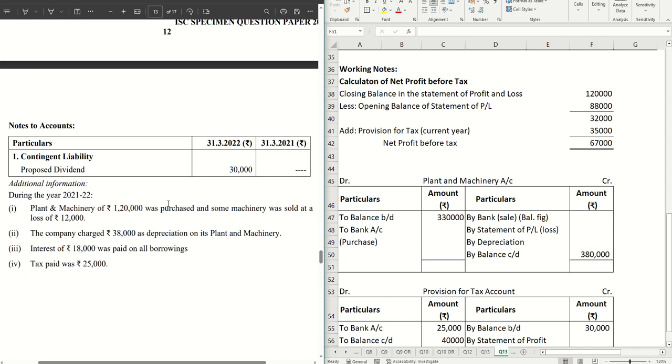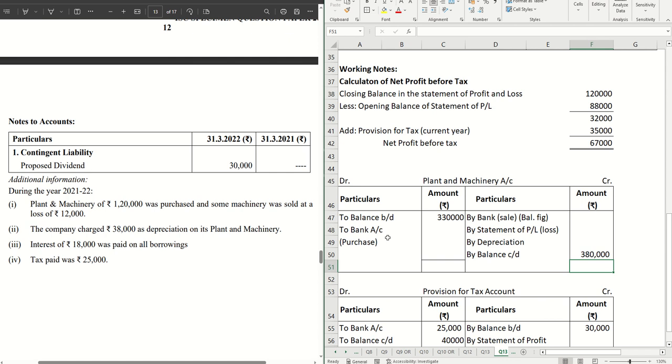Now let us pick up the items from additional information. There is a purchase of 1,20,000 worth of plant and machinery that goes against the bank. There is a machinery which is sold at a loss of 12,000 that goes against the statement of P&L. The next statement says the depreciation is 38,000.